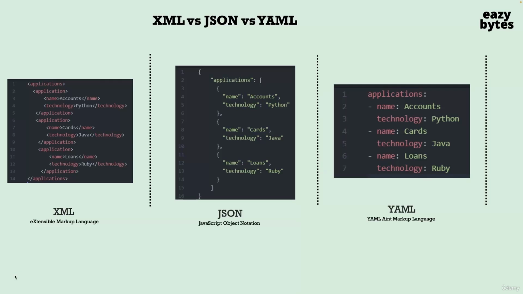It doesn't expect you to maintain all those double quotes, commas, closing brackets, open brackets, square brackets. So all this hell of syntaxes you don't have to follow. You just follow a spacing or indentation structure, then your YAML file or YAML configuration will work perfectly. So the full form of YAML is YAML Ain't Markup Language.